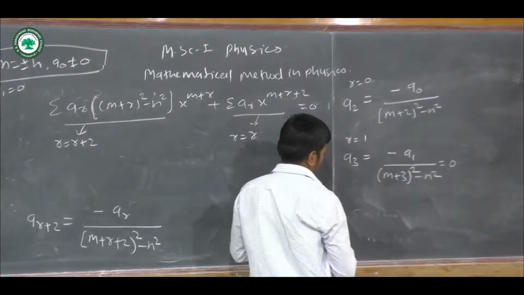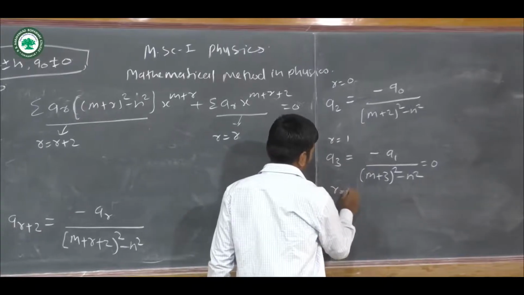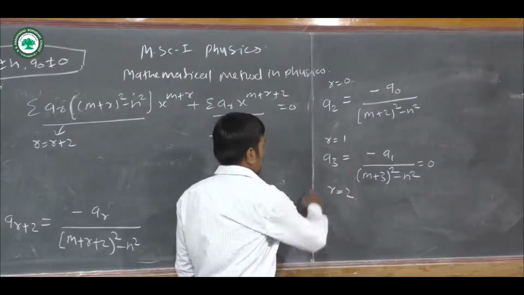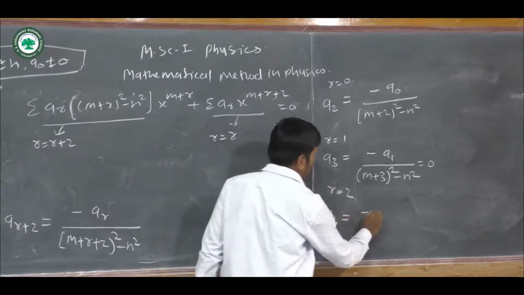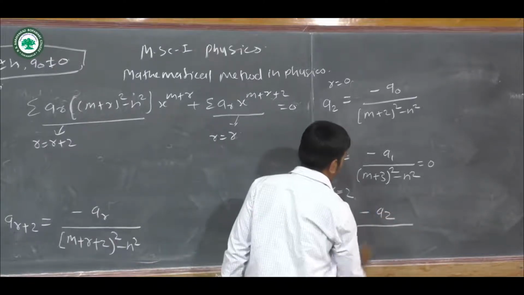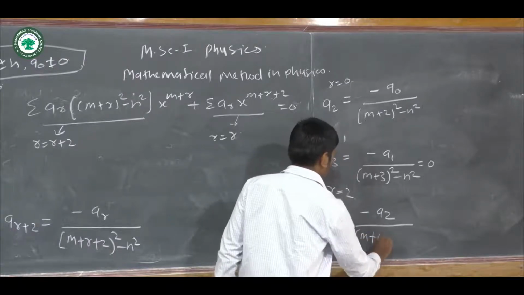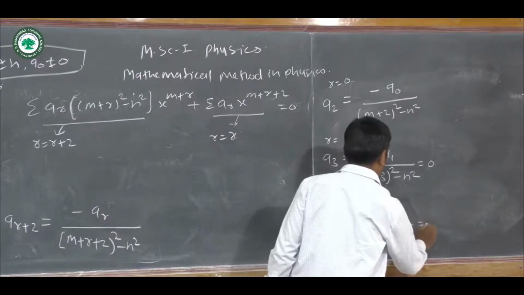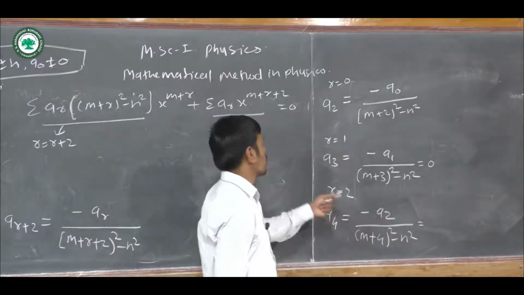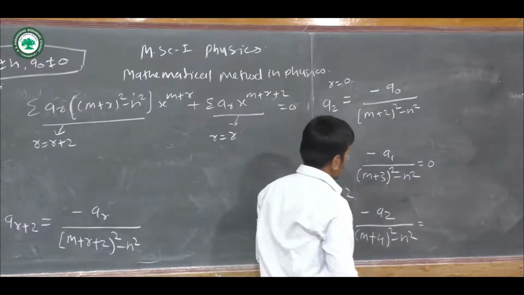Now if I consider r equal to 2, a4 is minus a2 divided by (m plus 4) bracket square minus n square. But here we already have the relation for a2, that is minus a naught divided by (m plus 2) bracket square minus n square.